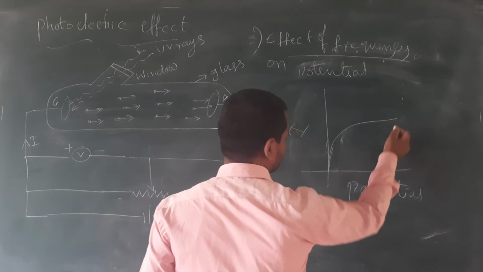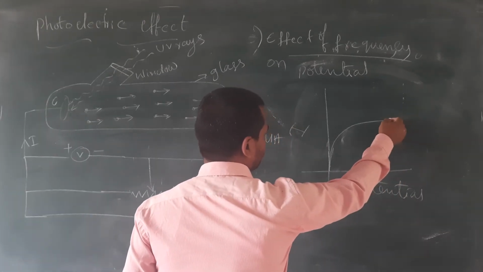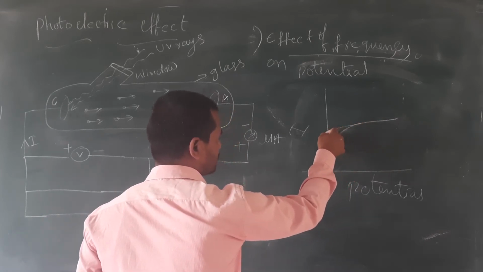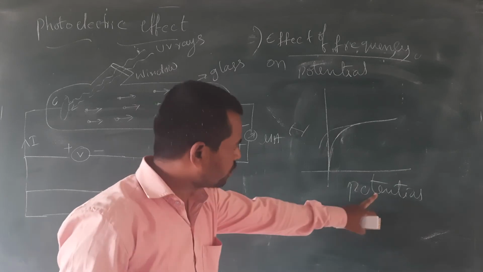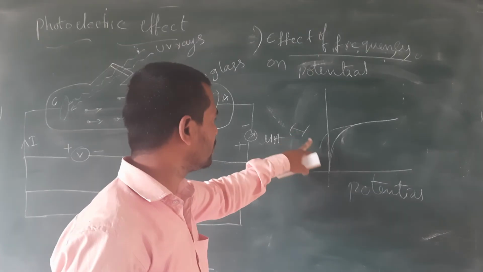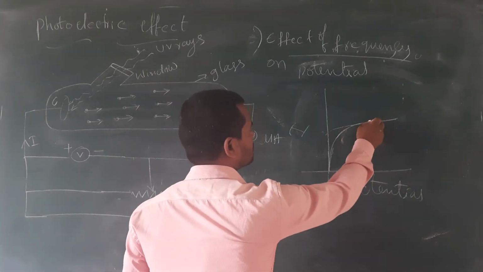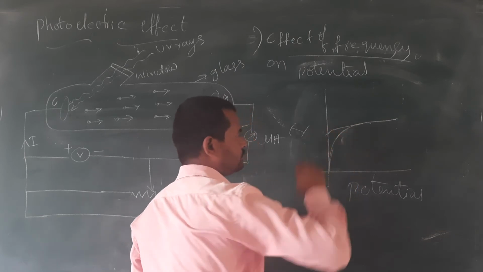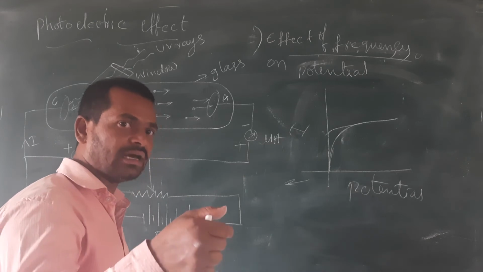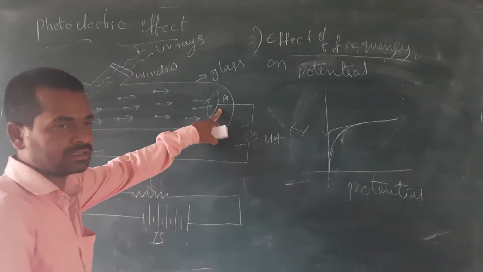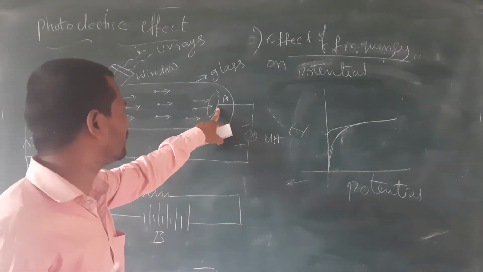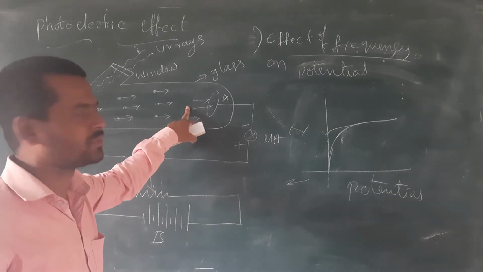If you decrease the potential in the backward direction, it follows up to a certain value and later it cannot follow the same path. It may follow like this. Even though the potential is zero, the current cannot be zero. It shows a certain value. If you apply a negative potential, we know the electrons are also negative.